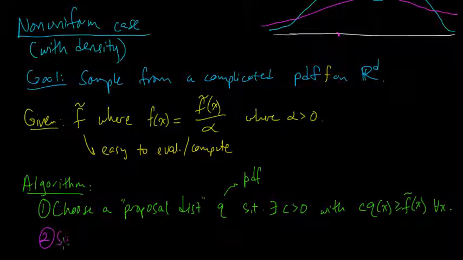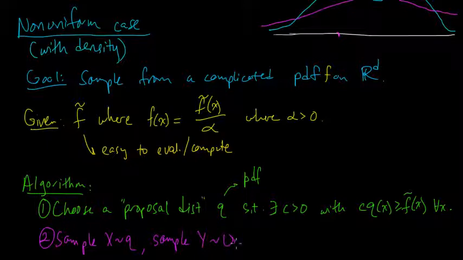The second step is we draw a sample from the distribution Q. So we sample X from Q, and then, given X, we sample y from the uniform distribution on the interval from 0 to c q of X. Actually, that should be capital X. And this is the conditional distribution, so we're sampling from the conditional distribution given X here.